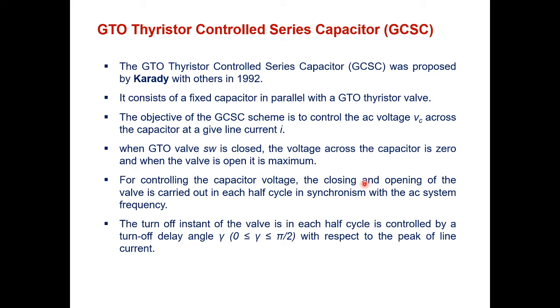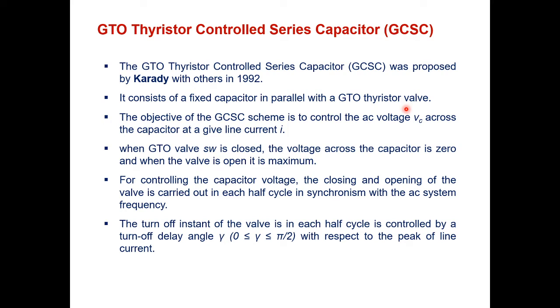The first and foremost, GCSC stands for GTO thyristor controlled series capacitor. It consists of a fixed capacitor in parallel with GTO thyristor valves. Try to remember only one thing: what is the main difference between GTO and thyristor?